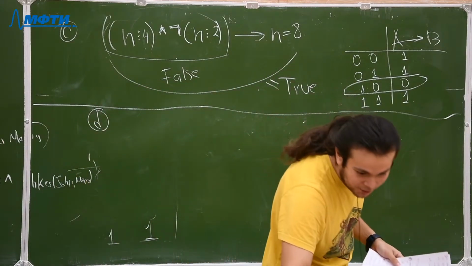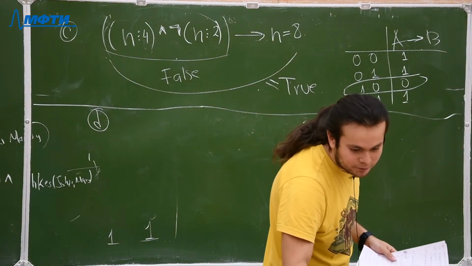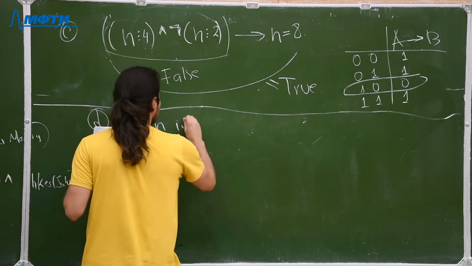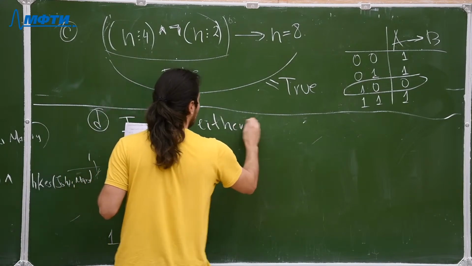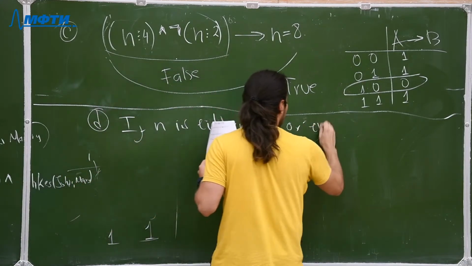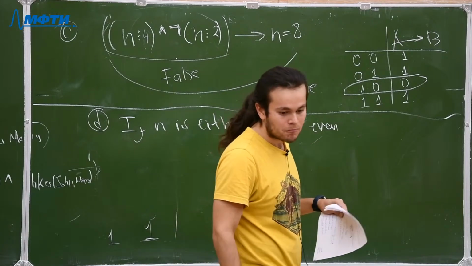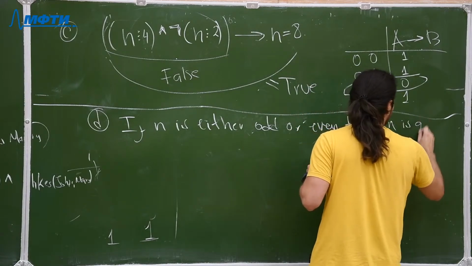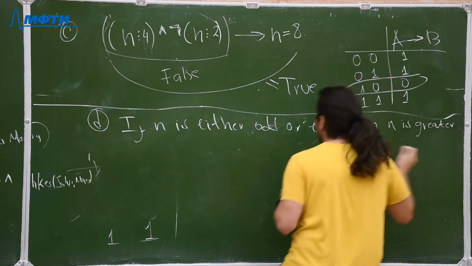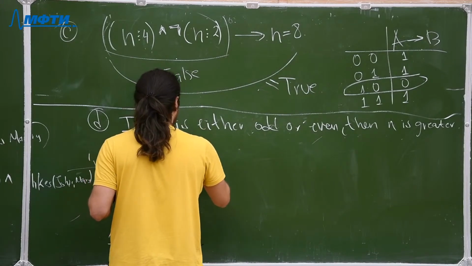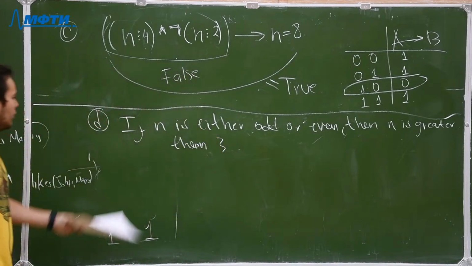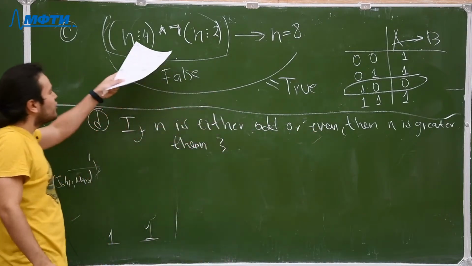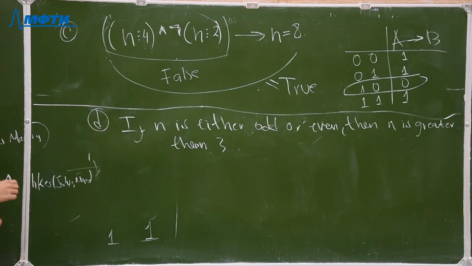D. This one is nice. So if n is either odd or even, so let me write that. If n is either odd or even, then n is greater than 3. So, if n is either odd or even, how do I write this using this notation?